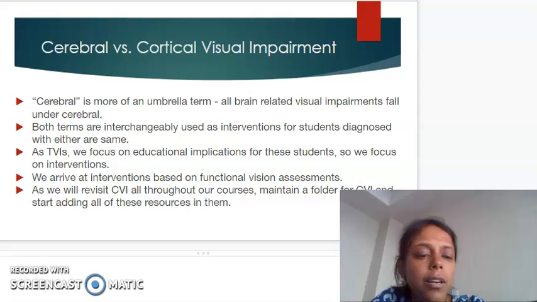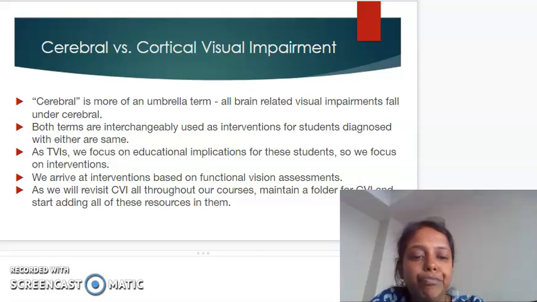Both terms are used interchangeably. But as TVIs, we are more focused on the interventions aspect. If the student comes with the diagnosis of cerebral visual impairment or cortical visual impairment, we will be focusing on the interventions, and interventions are pretty much the same.